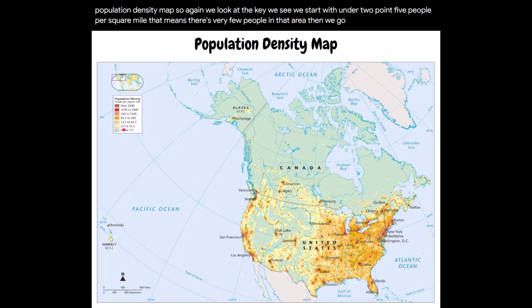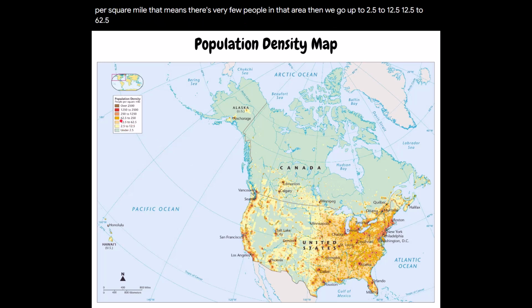Then we go up to 2.5 to 12.5, 12.5 to 62.5, 62.5 to 250, 250 to 1,250, 1,250 to 2,500, and over 25,000. So if you want to find where these most populated cities are, look at the names of the cities.